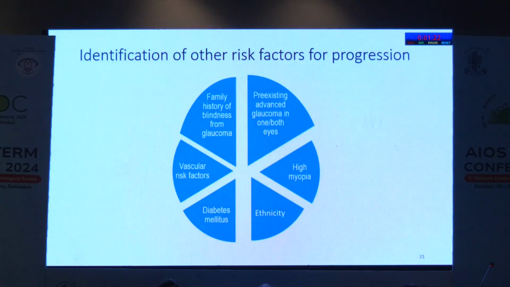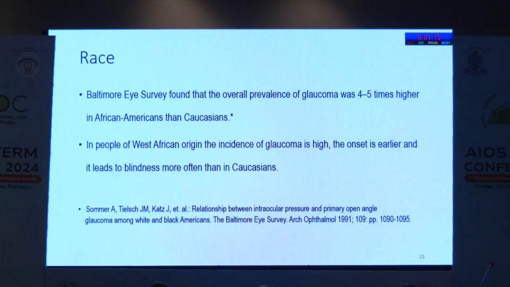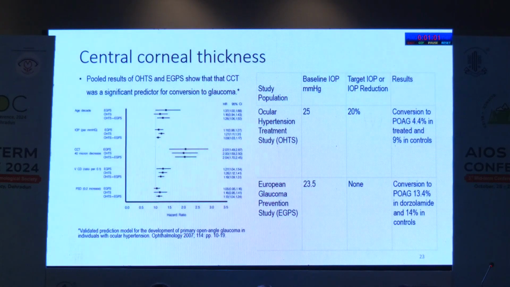Then you need to identify other risk factors like family history of blindness from glaucoma, the other eye, high myopias, vascular risk factors, systemic risk factors. Some of these surveys have found, for example, that African Americans are more prone to damage as compared to Caucasians.